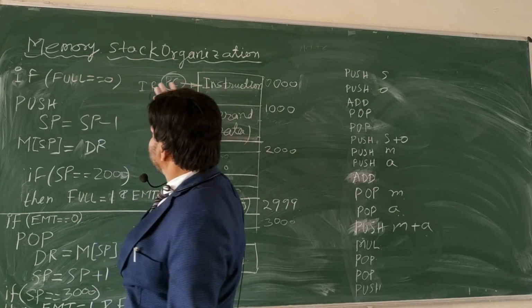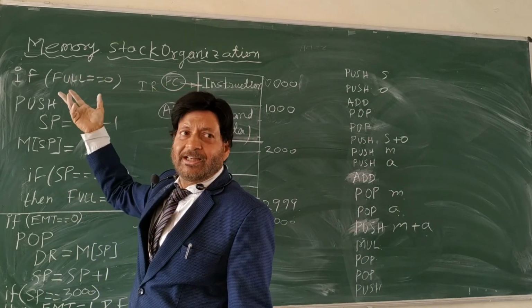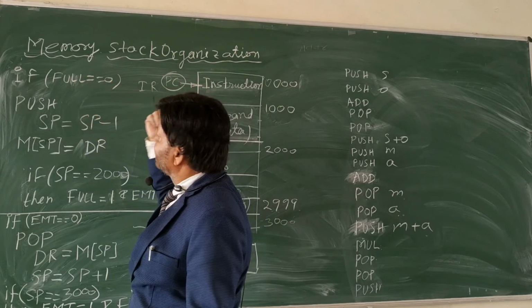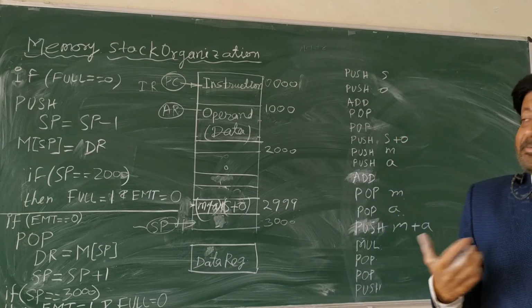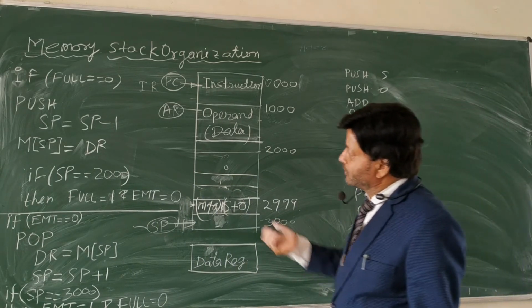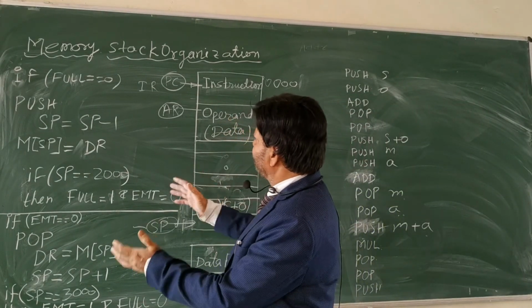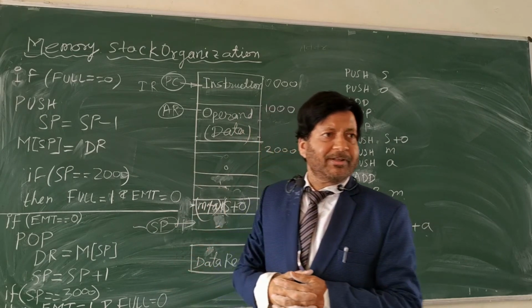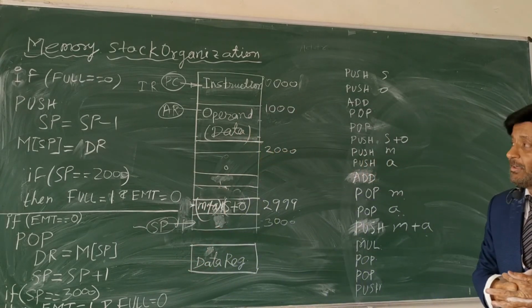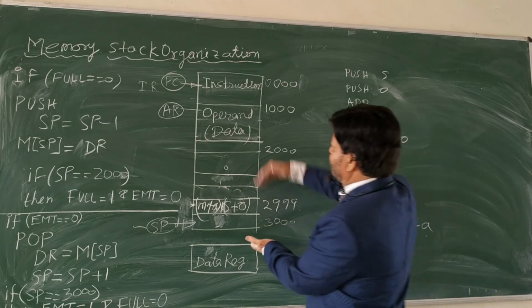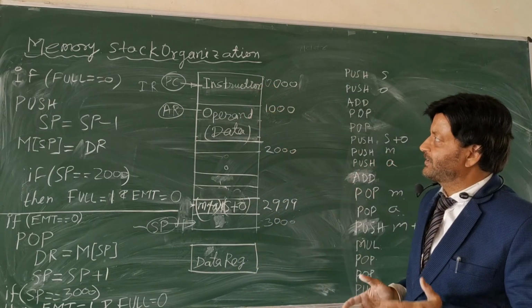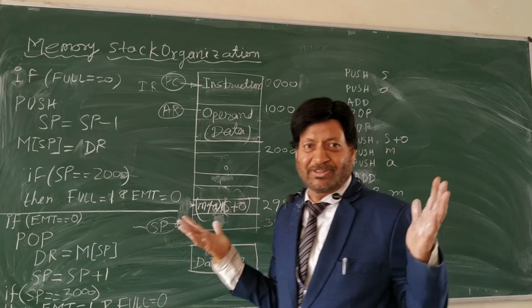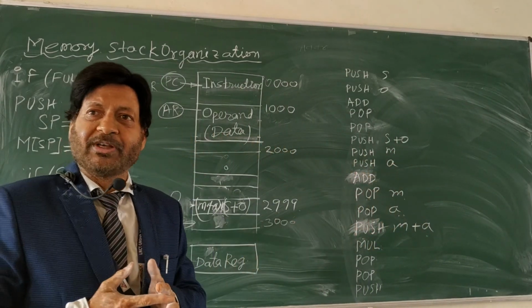Register stack organization is too costly as compared to memory stack organization, because registers are very costly as compared to memory. Memory is not too costly, so we can implement this here in memory. So here we will get more words, while in the case of register stack organization you could not have more words. Okay, this is the thing.